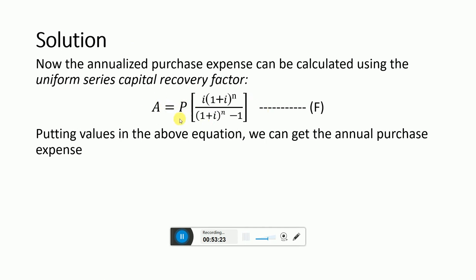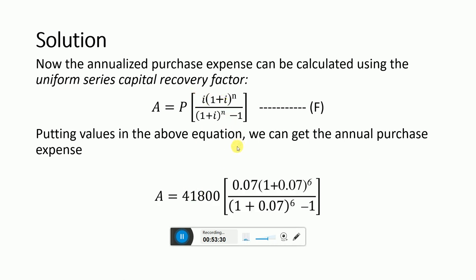We have the value of P, the value of I, and the value of N. So let's put all these values in here. $41,800 is the present value, which is invested for buying the equipment, and 0.07 is the annual interest, the I, and 6 is the period of time, the N.